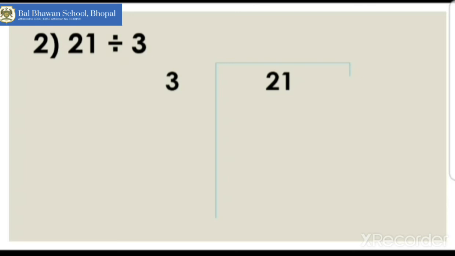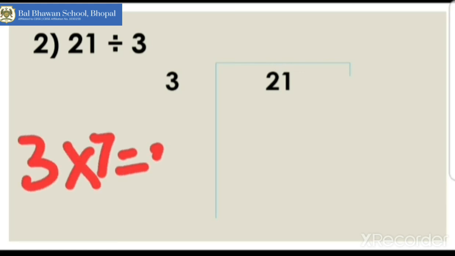You already know the table of 3. 3 ones are 3, 3 twos are 6, 3 threes are 9, 3 fours are 12, 3 fives are 15, 3 sixes are 18, 3 sevens are 21.